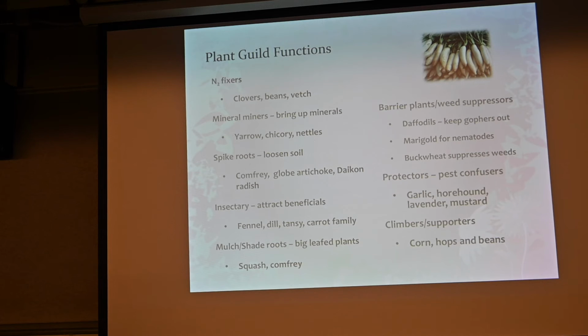I tried that. Some pest confusers, they do that with odor. So garlic, lavender, horehound, mustard, and some climbers or supporters are all functions. And you can put those together. And here's your daikon radish and comfrey.